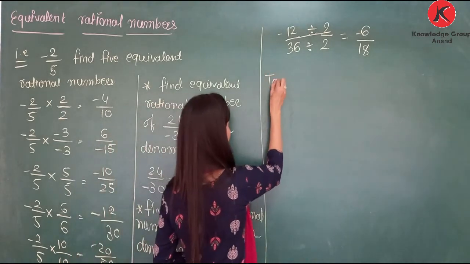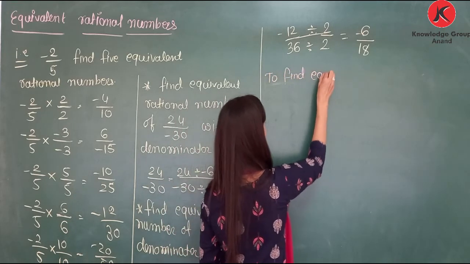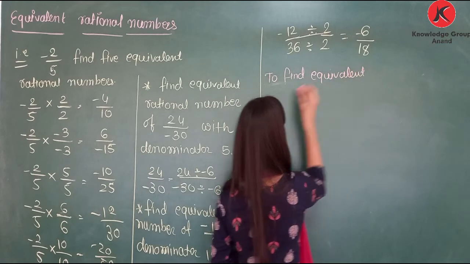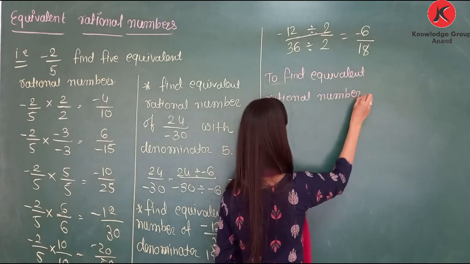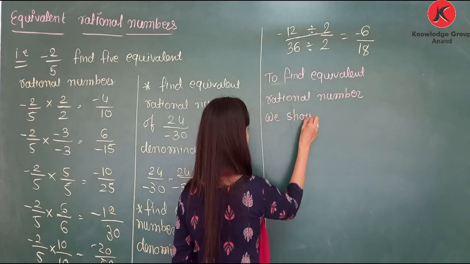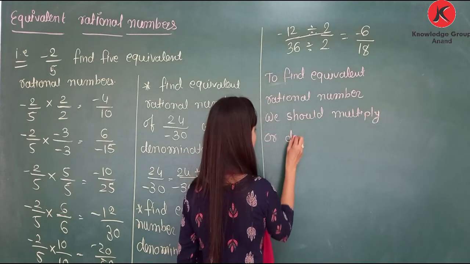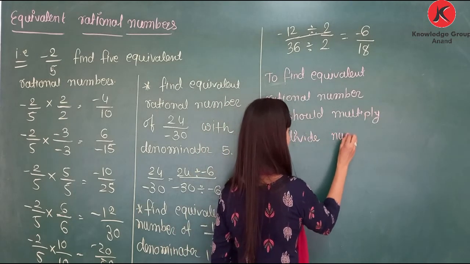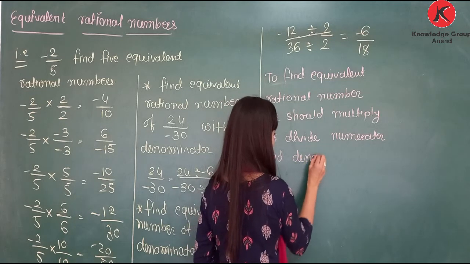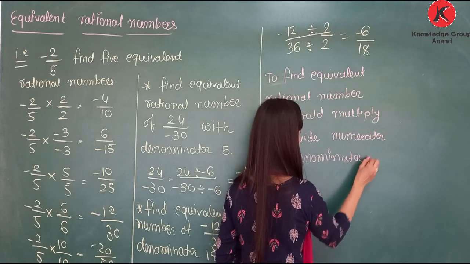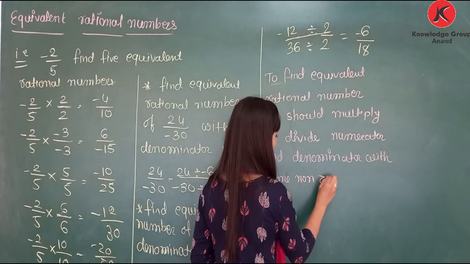So to find an equivalent rational number, we should multiply or divide the numerator and denominator with the same non-zero number.